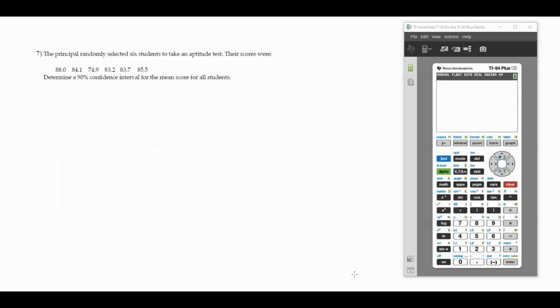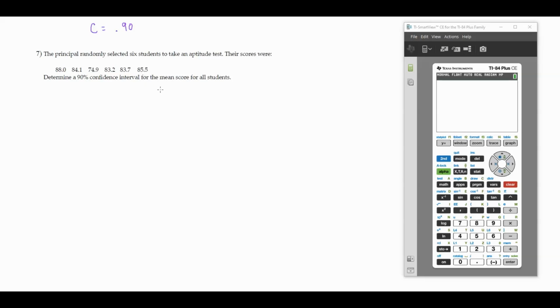Number 7, the principal randomly selected 6 students to take an aptitude test. Their scores were as follows. Determine a 90% confidence interval for the mean score of all students. So my confidence level, C, is 0.9, right?